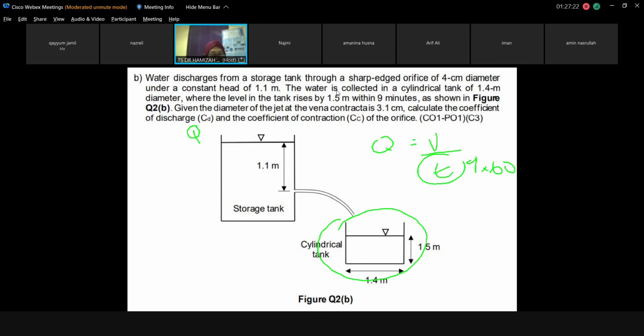Ada? Amanina? Yes, awak jawab soalan orifice okay. Okay, Nazril jawab soalan venturi meter.